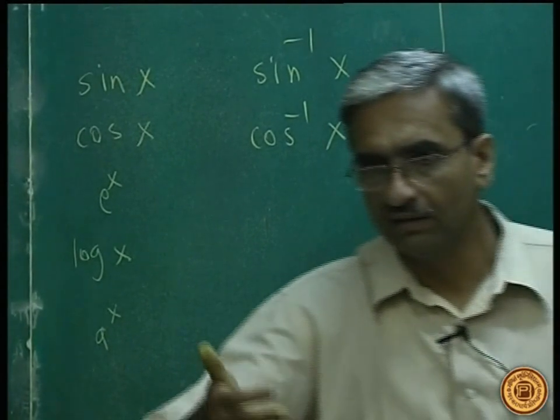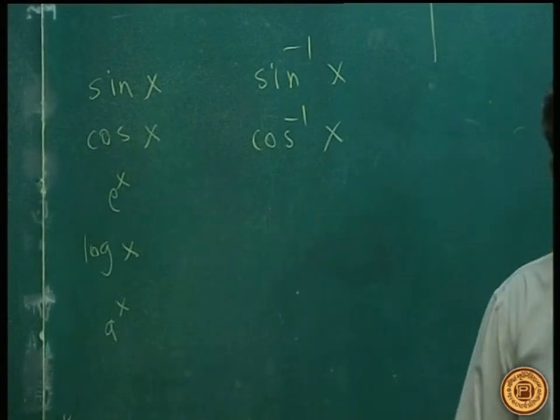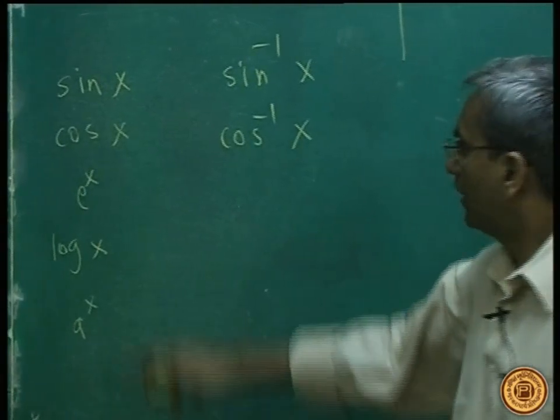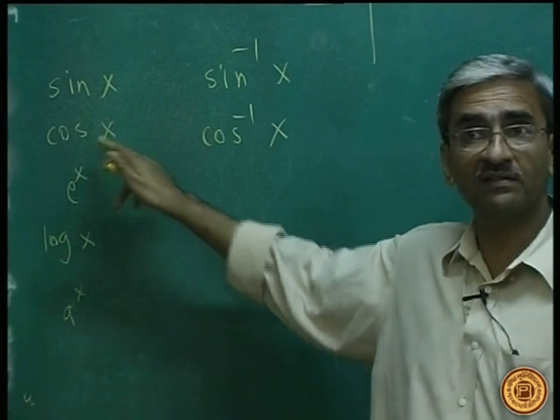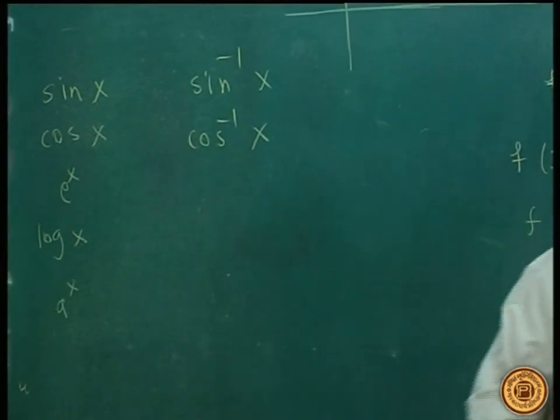and their differentiability properties, like derivative of sin x is cos x, derivative of cos x is minus sin x, derivative of e to the power x is e to the power x.